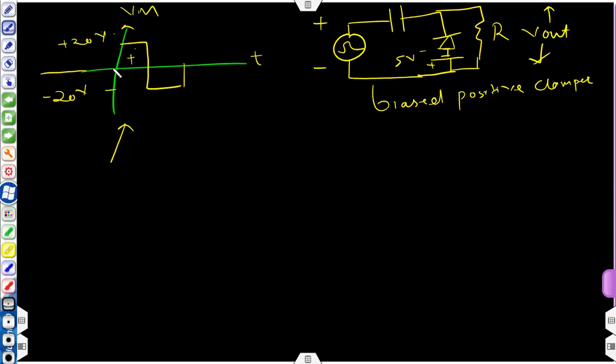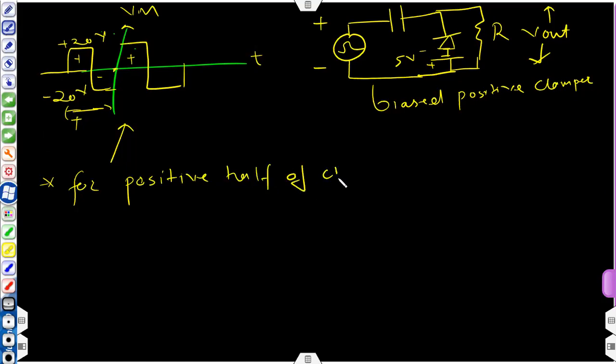You have to assume that one charging cycle similar to this wave was given before this input cycle, with one time period T. So for the positive half of the charging cycle, plus will be at the top wire, minus will be at the bottom wire.